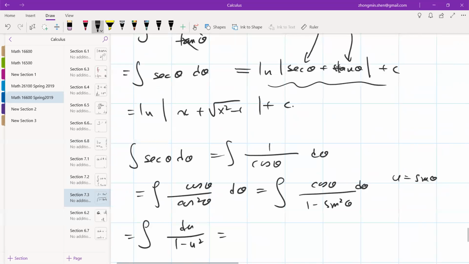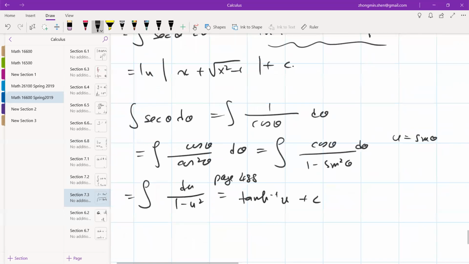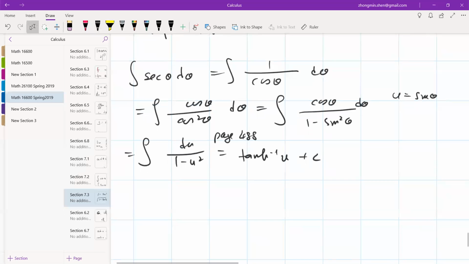Yes. So this is in the book, right? Page 488, and that is going to be, okay, and by another formula, then this is page 487, right?